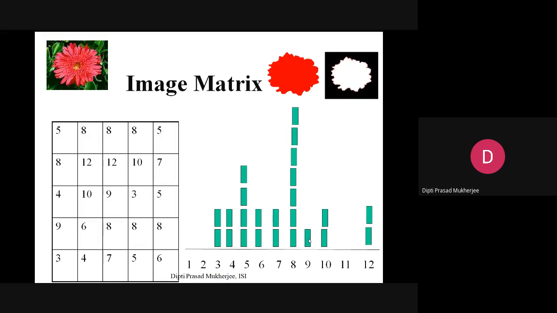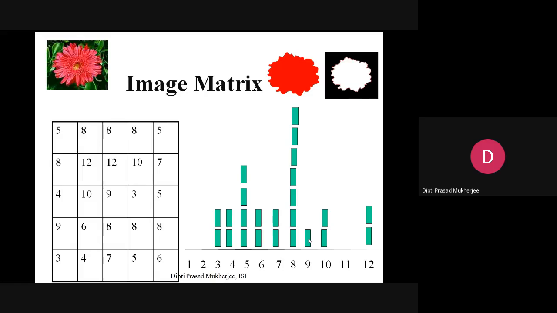Correct. And by looking at the histogram, can you tell me which pixel value occurs the maximum number of times in the matrix? 8. And how many 8s are there? 7. Very good. 7 8s are there.